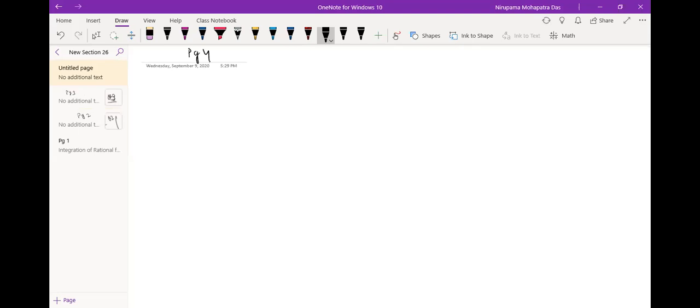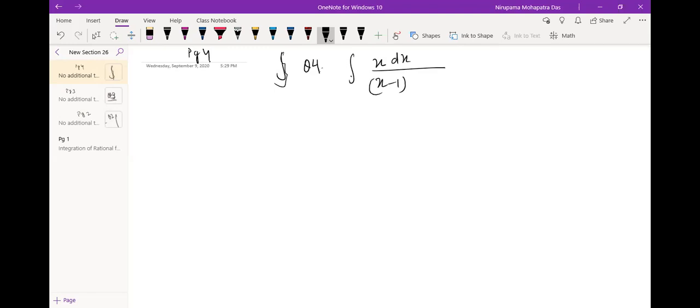Okay, let's take question number 4. It is the integral of x dx divided by x minus 1 whole square into x plus 2. Integrate this. Now we will consider x by x minus 1 whole square into x plus 2.